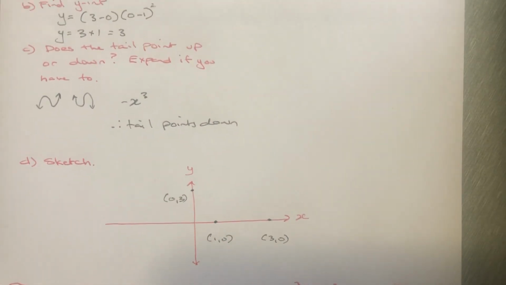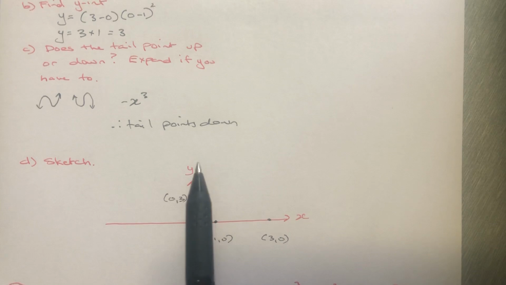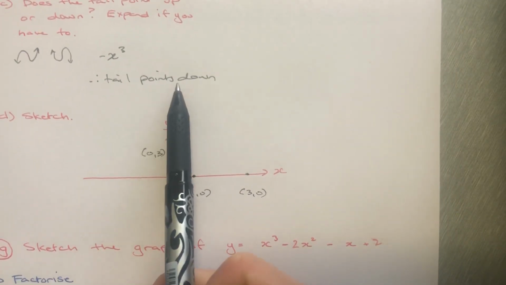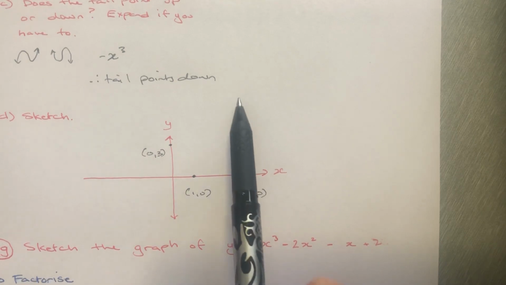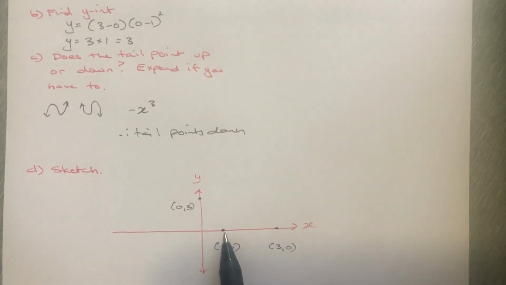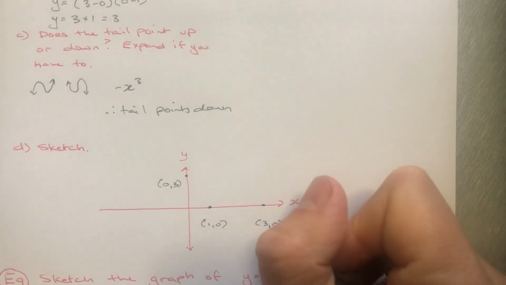And we know that the tail is going to point down. So I like to start from the end, as I said before, but we need to remember that this x-intercept is where there's going to be a turning point. Okay, so it's going to start pointing down.